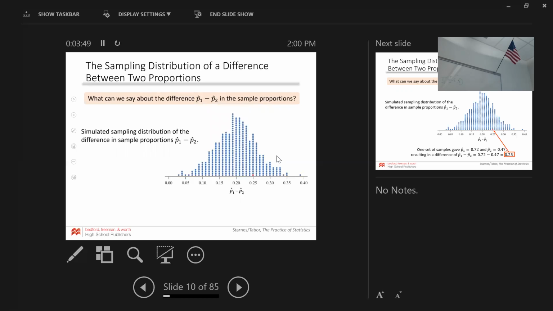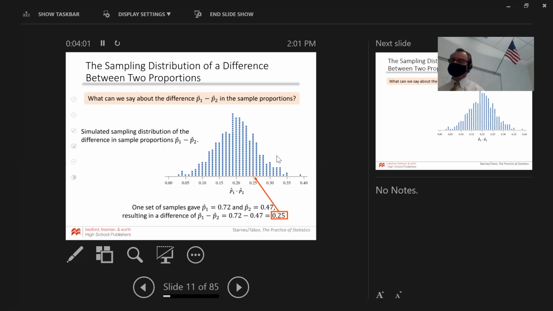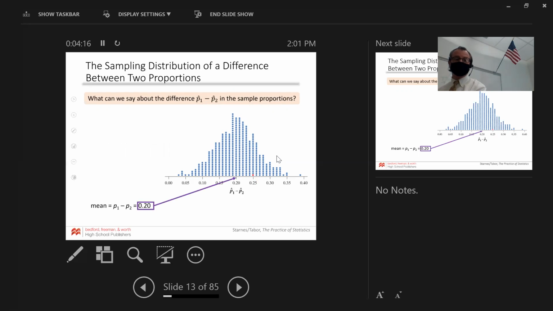That doesn't even make it on there. There are no dots that came up to there. So what about this one? Well, in that particular simulation, 72% did it in school one, 47% in school two. That 25% is one of the dots. Nothing particularly important about that particular dot.